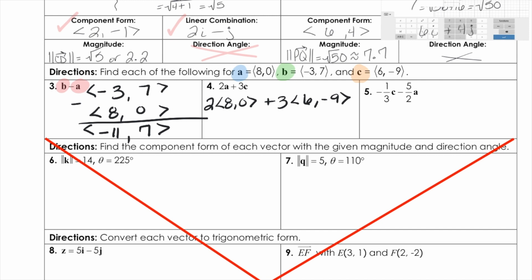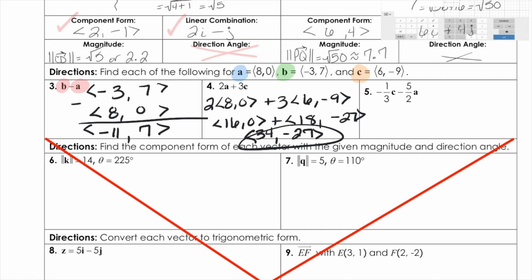So the product of 2 times vector a would be 16, 0, and the product of 3 and the other vector would be 18 and -27. Now you have the ability to go in and add those together. So 16 plus 18 gives me 34, and 0 plus a -27 gives me -27. So that would be my new vector.